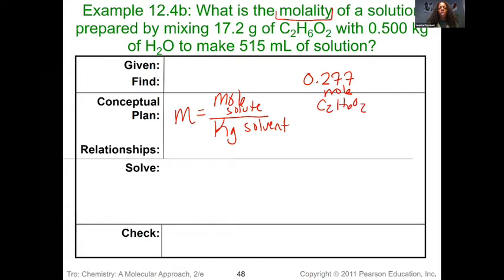And then our solvent, well, if this is our solute, the water must be our solvent. So we're going to need this 0.5 involved. So for the molality, we're going to take 0.277 moles divided by our kilograms of 0.500 kilograms.